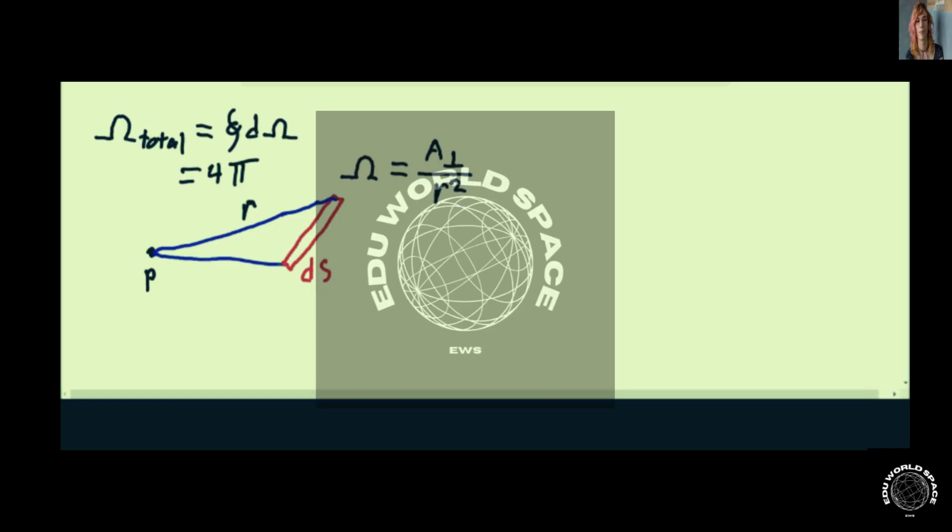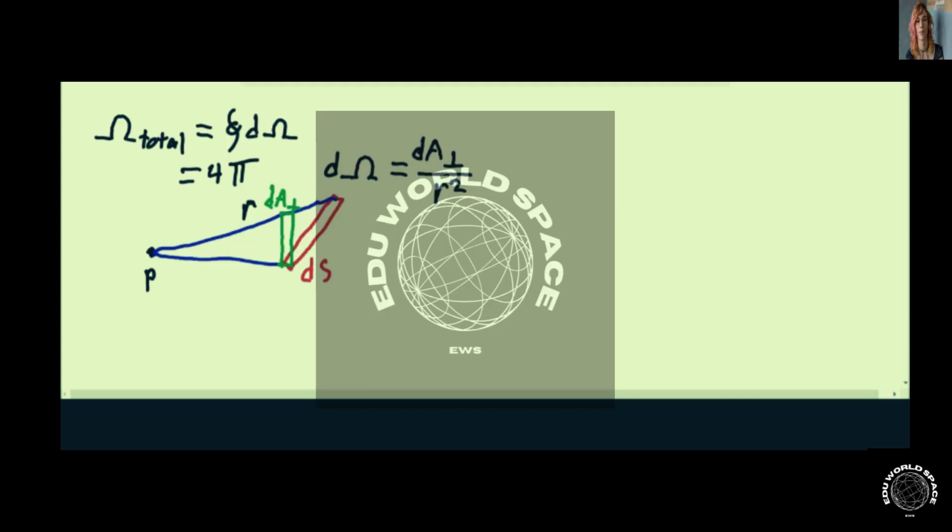So we really need to find the area perpendicular to the point P, given ds. And in this case, I'll put this as dA since this could be infinitesimal, and we'll just note this also on our solid angle equation.